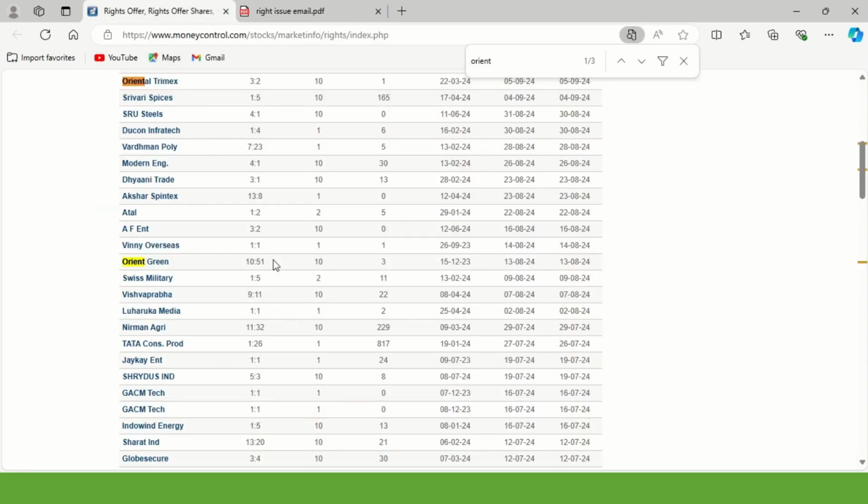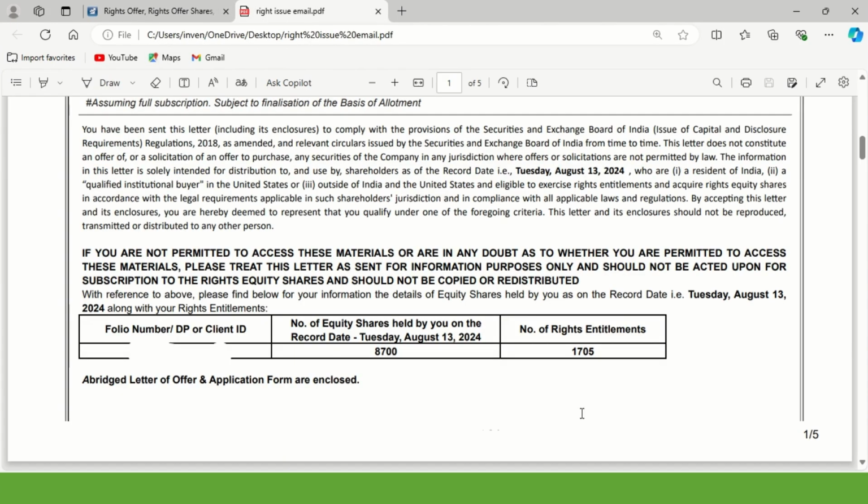Why? They already mentioned that those holding 51 shares will get 10 shares, so based on that you can calculate. If I am holding 8,700 shares, you can divide by 51. So how many is coming? That is 1705.